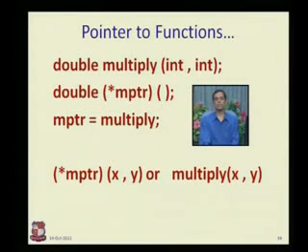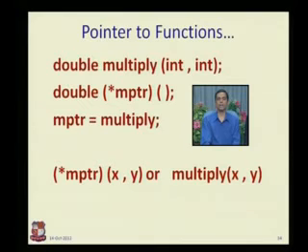So what is this doing? I am declaring a function pointer that is returning a double value. Okay, so when I write mptr is equal to multiply, what does this do? This is assigning the multiply function to this pointer. Address of this function multiply is assigned to mptr.